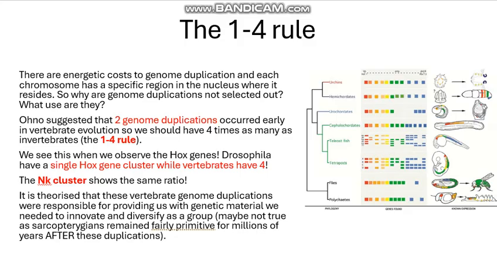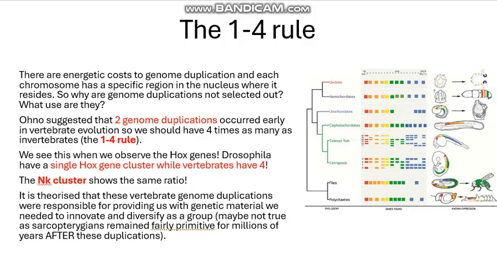It's theorized that these vertebrate genome duplications provided us with the genetic material we needed to innovate and diversify as a group, but this may not be true because the lobe-finned fish, the Sarcopterygians, remained fairly primitive for millions of years after their genomes had duplicated.